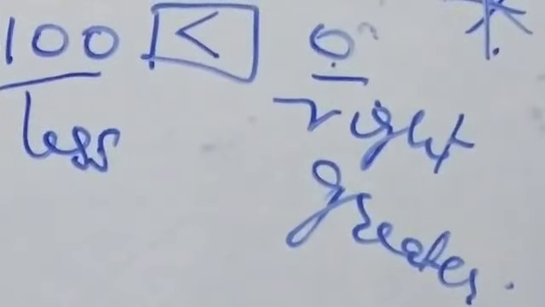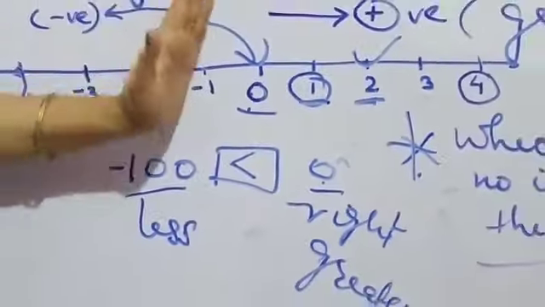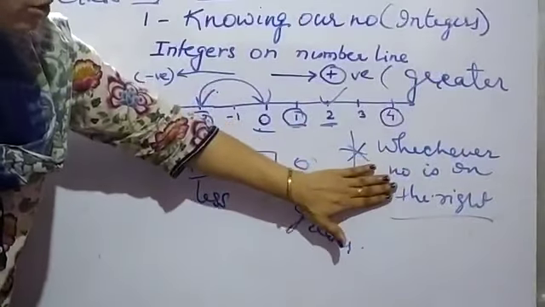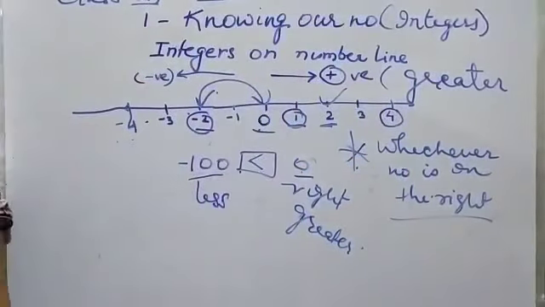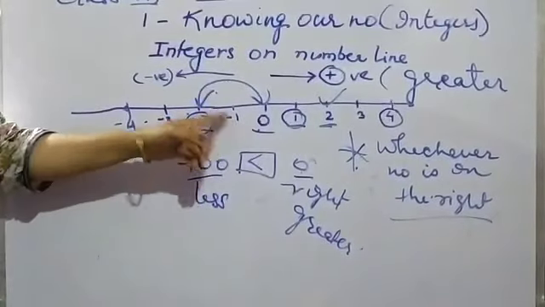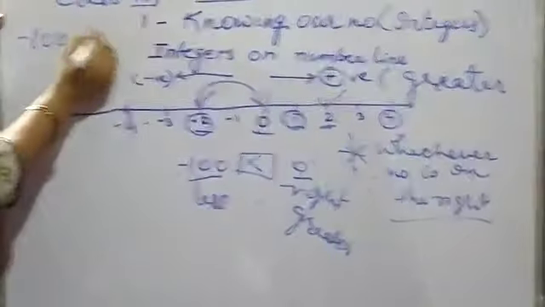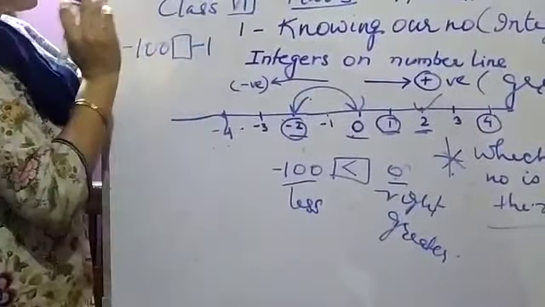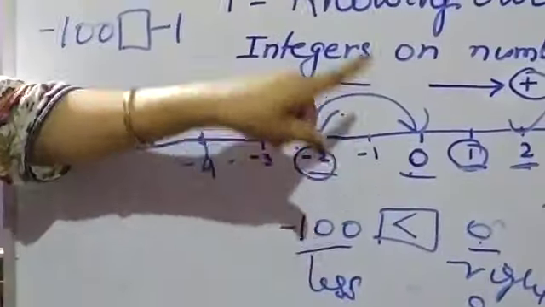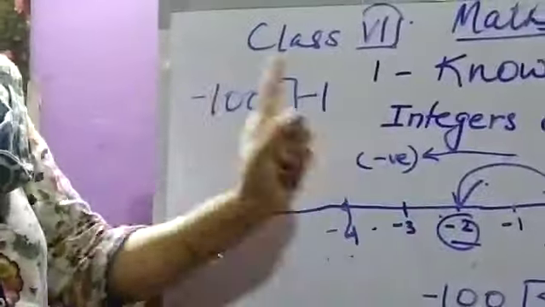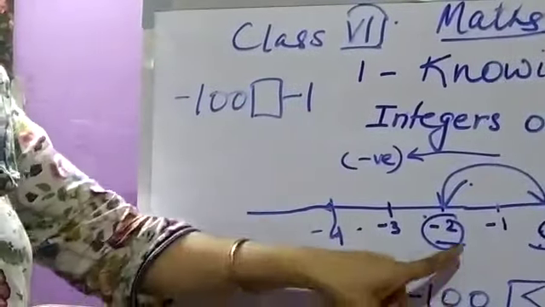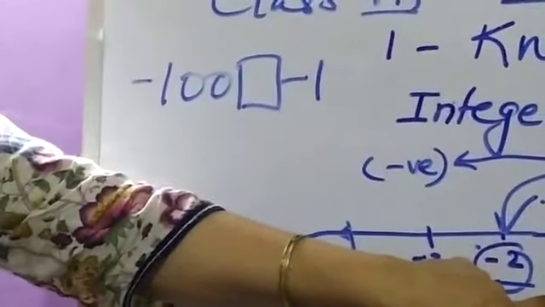So always keep in mind this concept that whichever is to your right will be greater. And one more, see, minus 100 and minus 1, you have to compare them. To the right of minus 100 is minus 1.